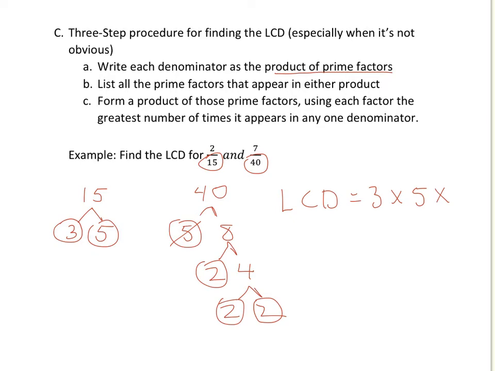So in the first number I've got the 3 and the 5. The 5 has been repeated in the second number, so I don't need to use it. But I need to use all 3 of these 2's because they all appeared in the same number. So I'm going to go 3 times 5 times 2 cubed, and that will give me 15 times 8, which is 120. So the lowest common denominator of 15 and 40 will be 120.